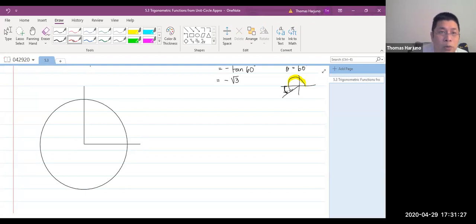Now, suppose I have a negative angle like this. Let's say this is negative theta. Notice that this negative theta has the same reference angle as this one.